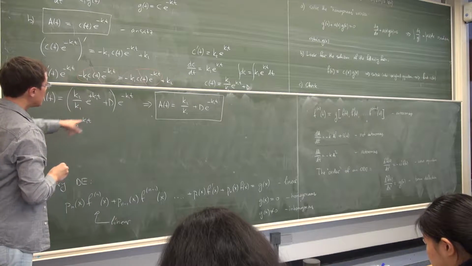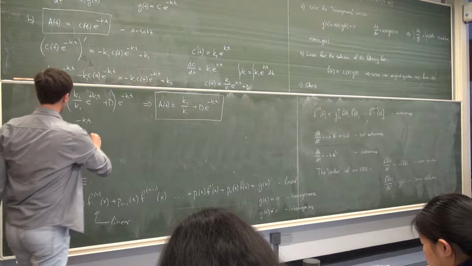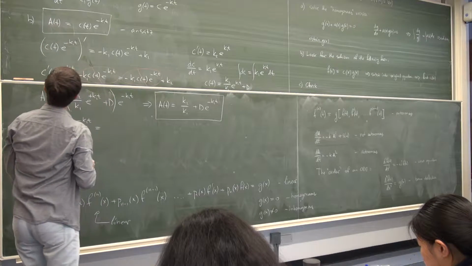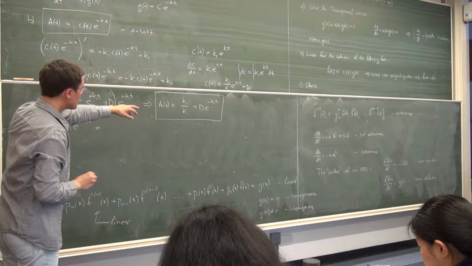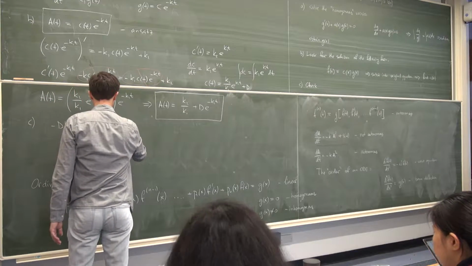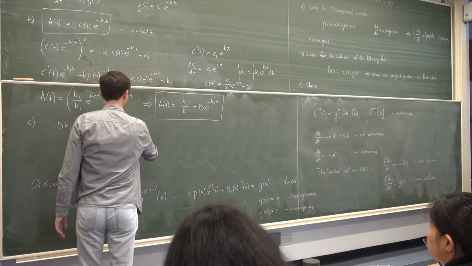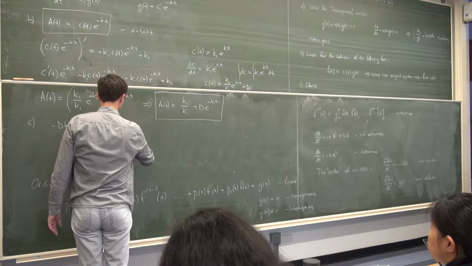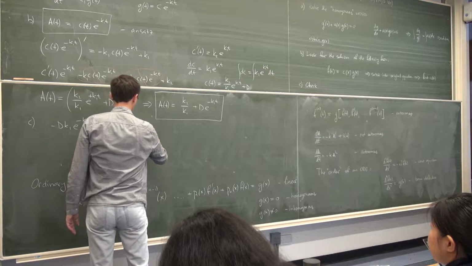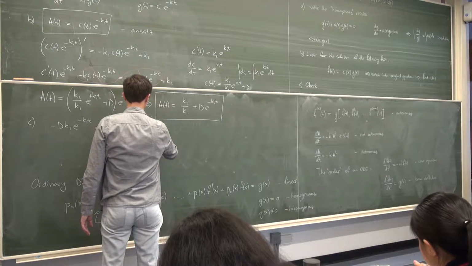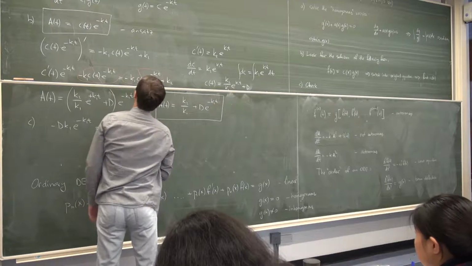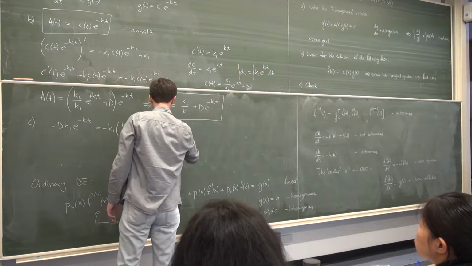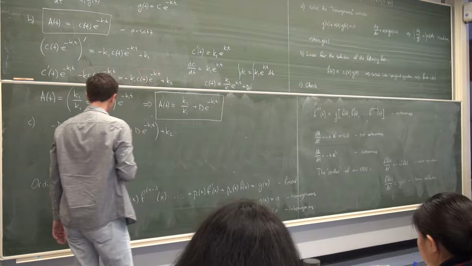That's the derivative dA by dt. Must be equal to minus k1 times that solution, minus k1 times (k2 over k1 plus D e^(minus k1t)), plus k2. Let's see.